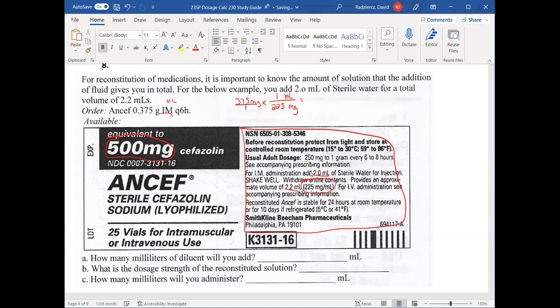I usually start with the order, and that's my preferred method. You're going to come up with the same answer, which is 375 divided by 225, 1.66666666. So that would be an answer of 1.7 milliliters.